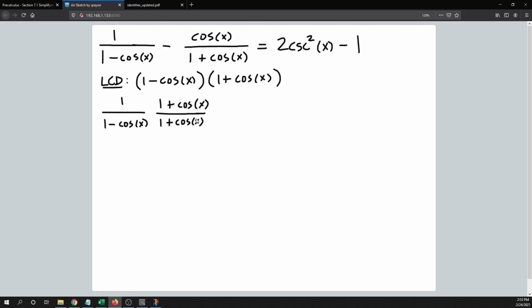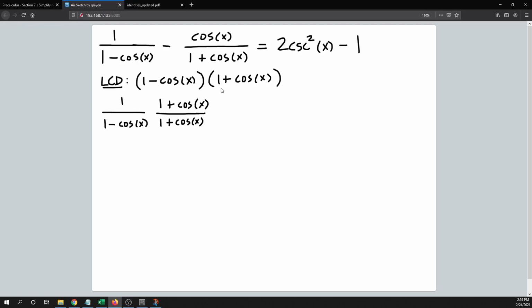And, well, as long as this is not 0, right? But then this expression wouldn't be defined, and so it doesn't really matter too much about that. As long as you're aware of that, right? So that's it. I'm going to multiply top and bottom by 1 plus cosine x on this fraction.